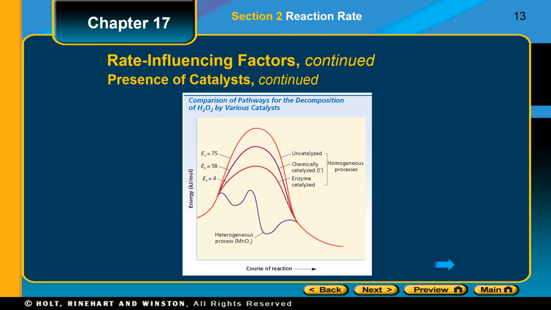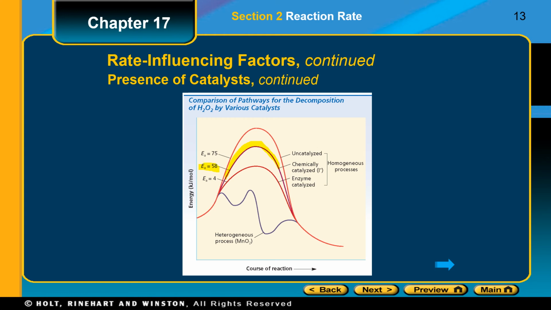And it says that the activation energy is 75 kilojoules per mole. But in the purplish one that goes over the hump right here, the activation energy is only 58 kilojoules per mole.